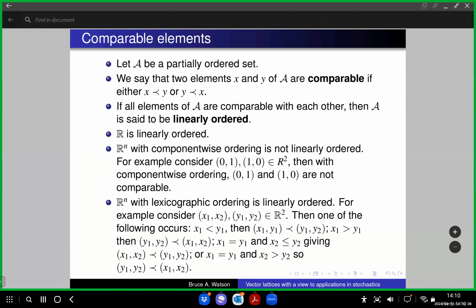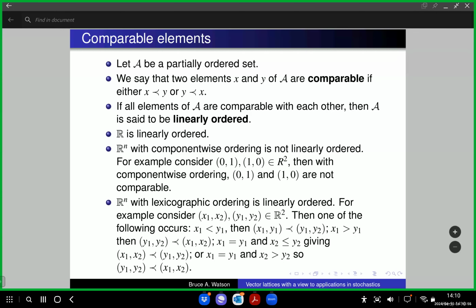One of the first things one notes when looking at partial orderings, there's a reason why they're called partial orderings, and that is not every element has to be comparable with every other element.